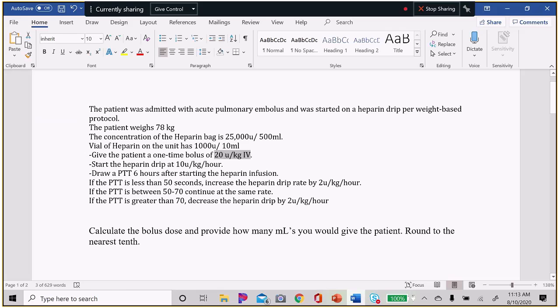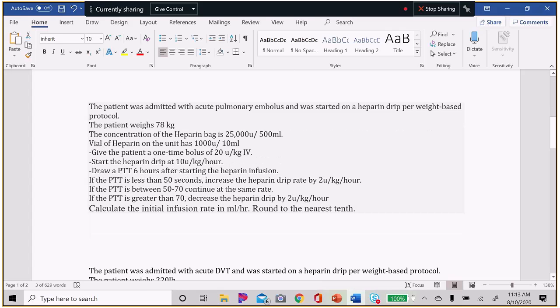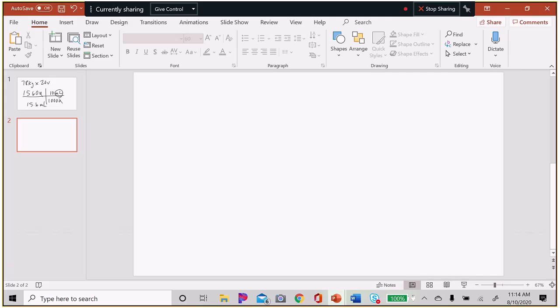The next question is the same patient who weighs 78 kilograms. Now we need to know what the initial rate is. How are we going to start this? We're supposed to start this at 10 units per kilogram per hour. So they weigh 78 kilograms times 10 units.